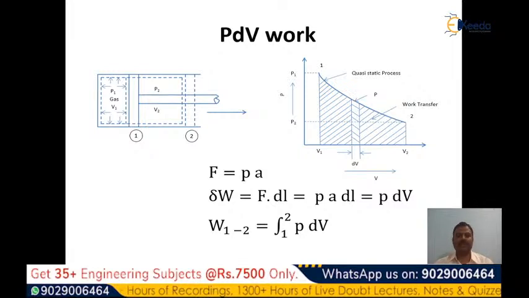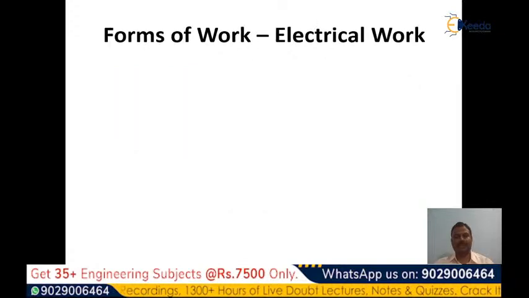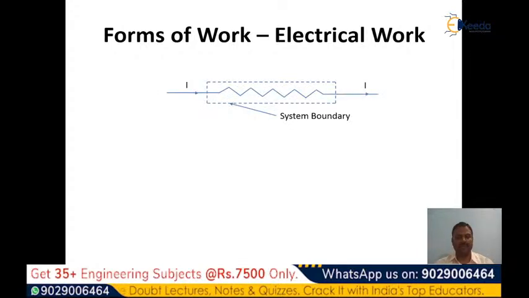After that, let us discuss different forms of work. The first form is electrical work. Here I am considering a resistance as a system. Current flows through the resistance. As current runs the motor, in turn it rotates the shaft that does work. So here work transfer takes place across the system boundary.